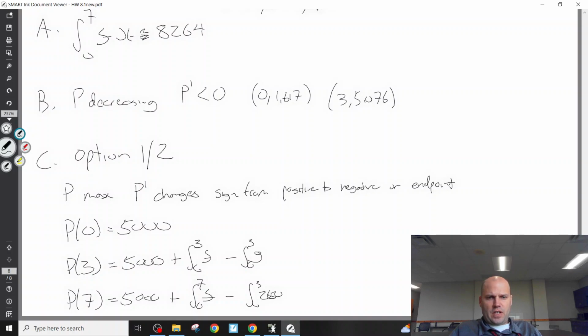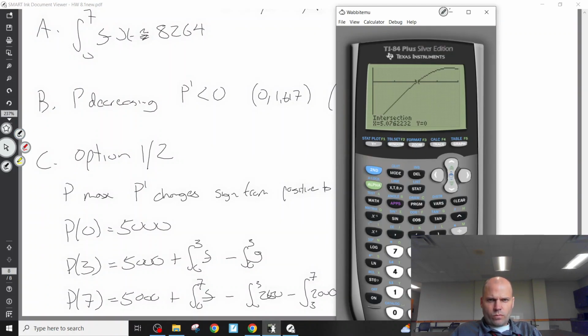This is 250 gallons per hour over 3 hours, 2,000 gallons per hour over 4 hours. This is 750 gallons. This is 8,000 gallons, or type it in your calculator. Didn't have to store anything, didn't have to do anything crazy.